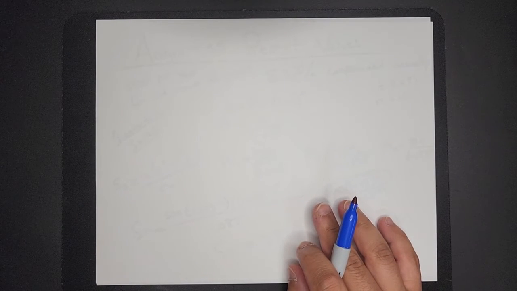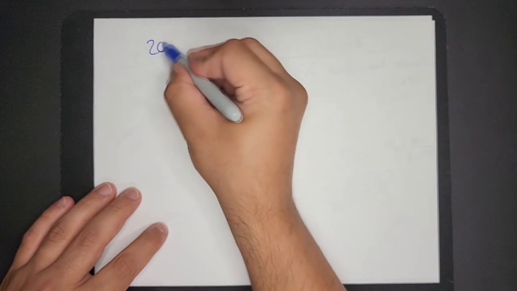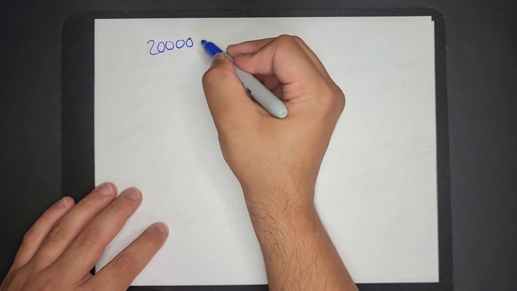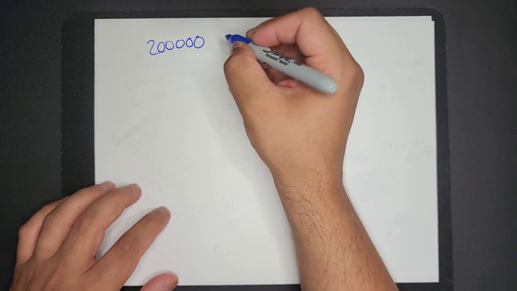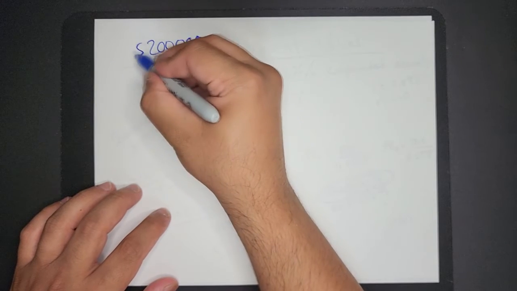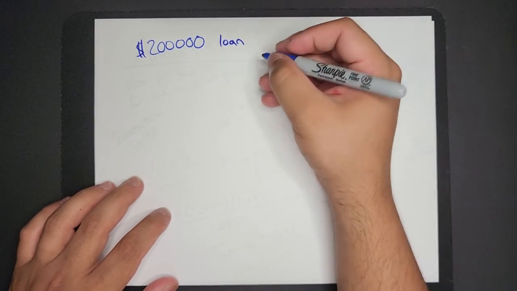Let's say a loan, a loan from a bank. Let's say the loan was for $200,000.